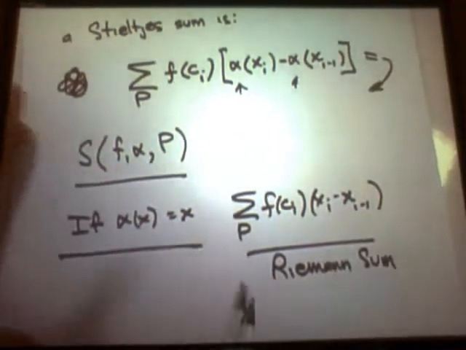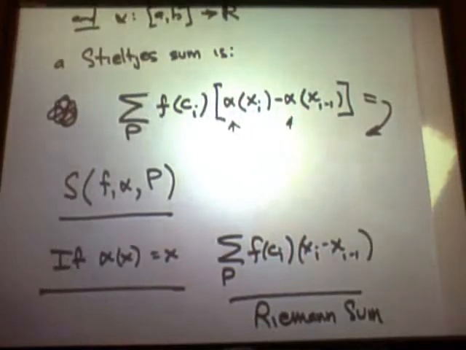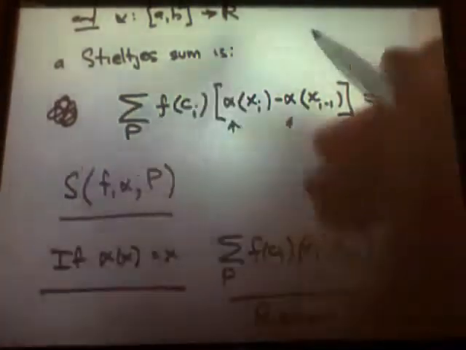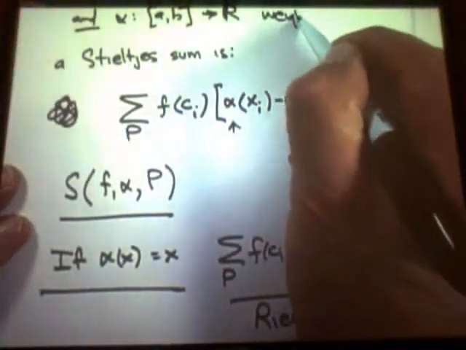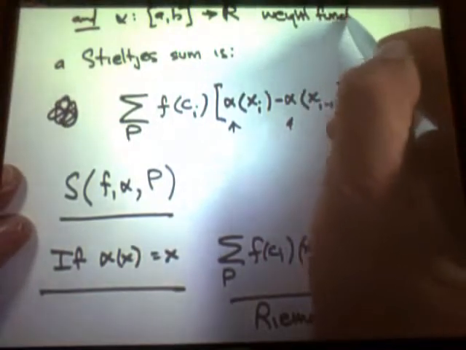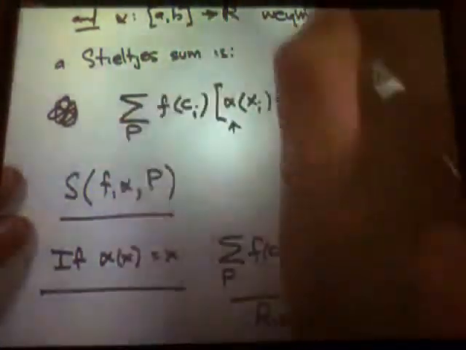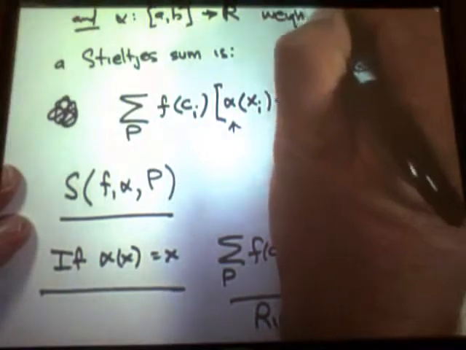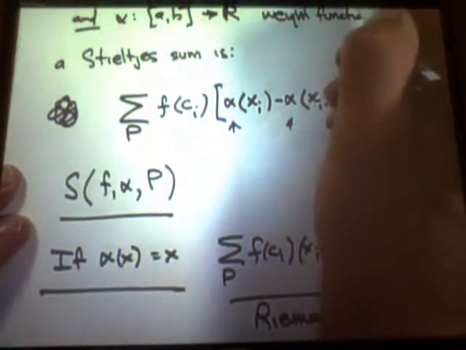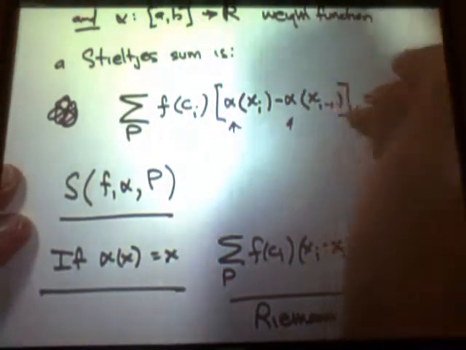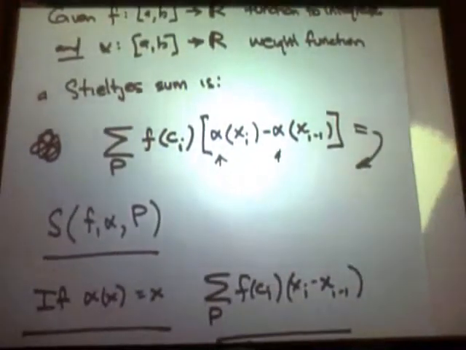So in the special case, when the weighting function alpha is the weight, and this is the function to be integrated with respect to that weight. So if alpha is just x, it devolves to a conventional Riemann sum.